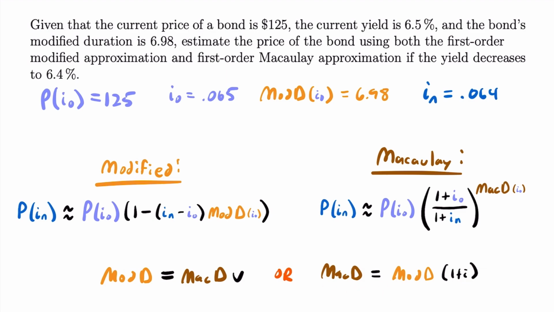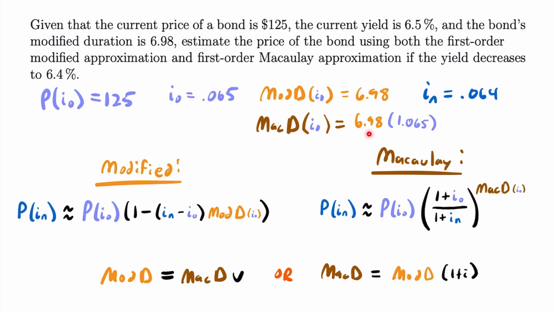Okay, so let's do that here. The Macaulay duration at the original interest rate of I naught, or 6.5% in this case, will be equal to the modified duration of 6.98 multiplied by 1 plus the original interest rate, which is 0.065, so we will have 1.065.